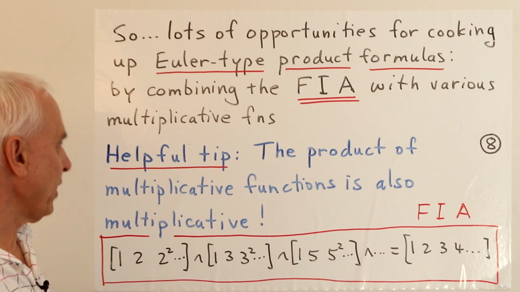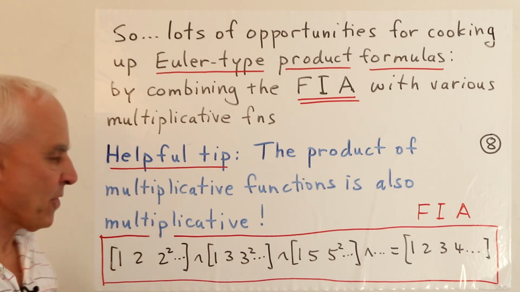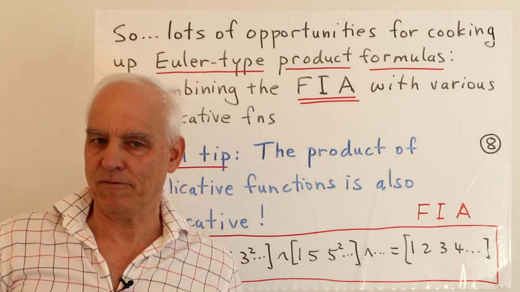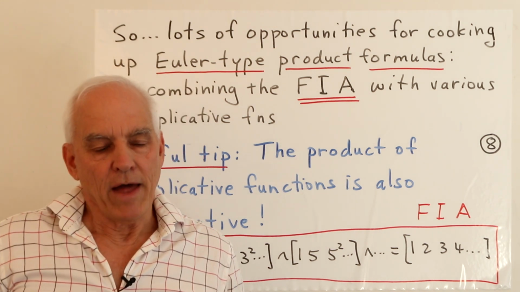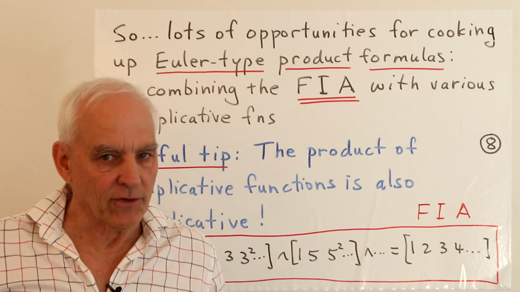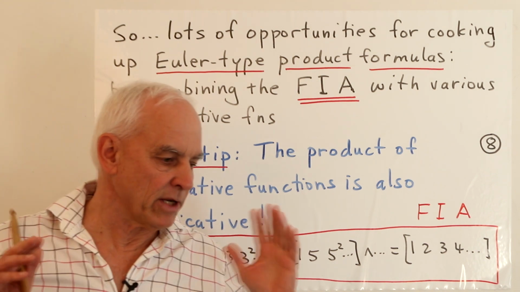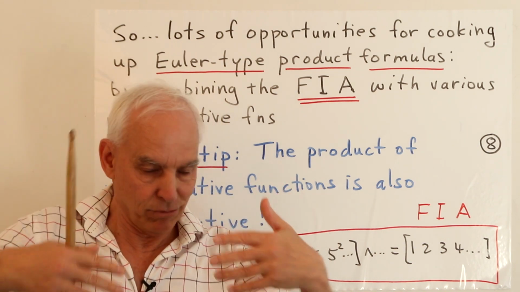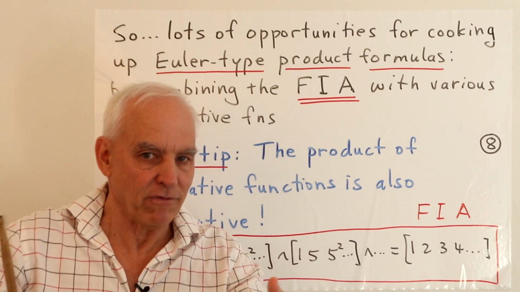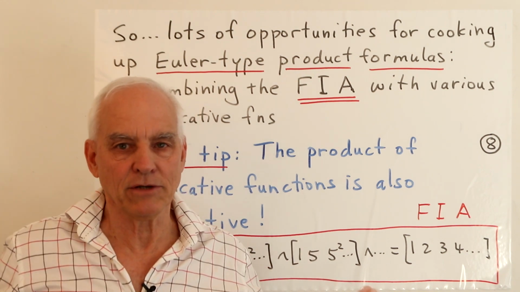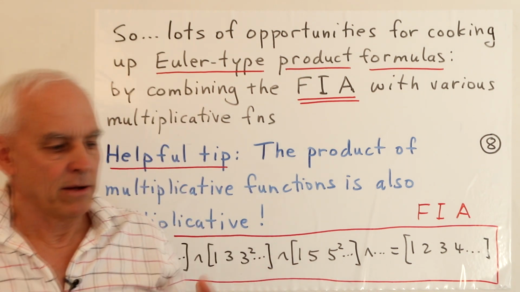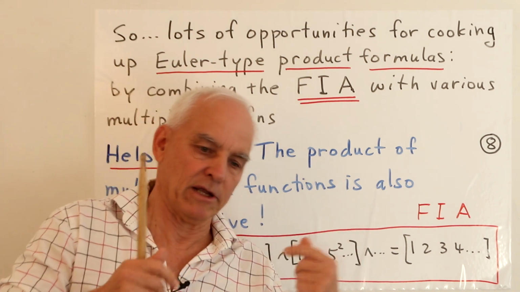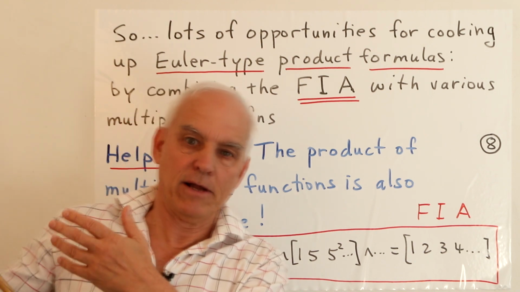So in this story, there's a helpful tip here, which is that the product of multiplicative functions is also multiplicative. So that means that you could iterate this story. Well, we've already done that once, right? We already applied the totient function and then we raised things to a power to try to get something that more easily converges. Well, we can do the same kind of thing here, but we could, in principle, iterate this a number of times and apply one multiplicative function and then another and then maybe another one.